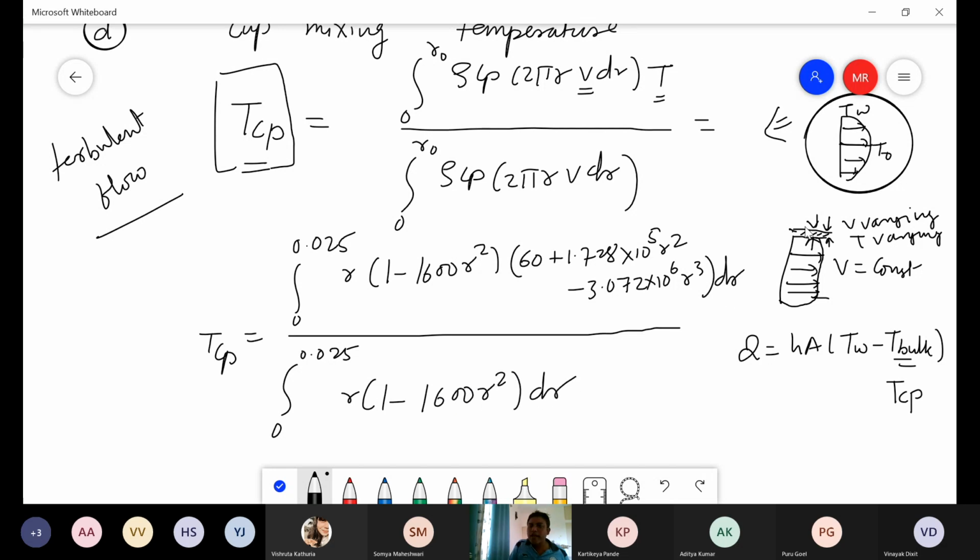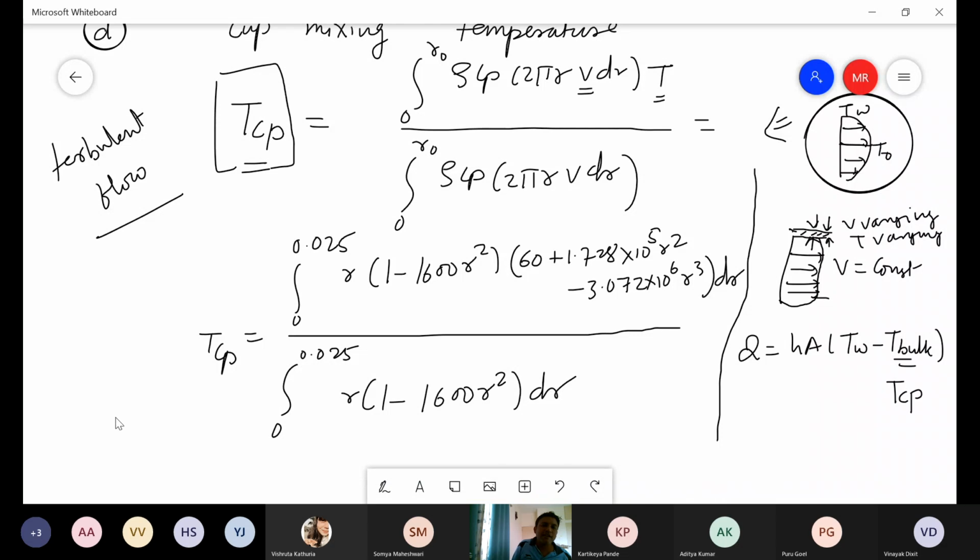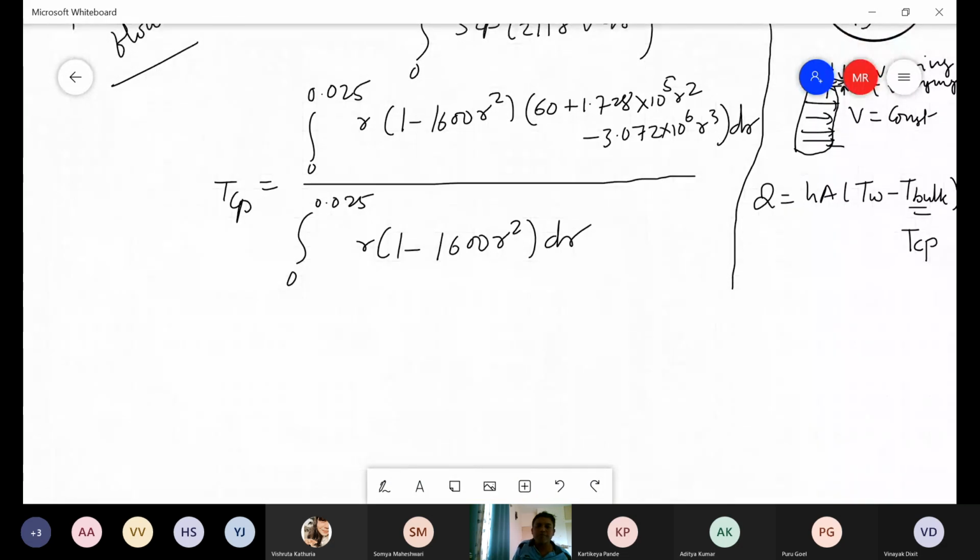Okay, so calculate this integral and find out the value of this cup mixing temperature. There is a factor of 0.5 here, but that will get cancelled out anyway.